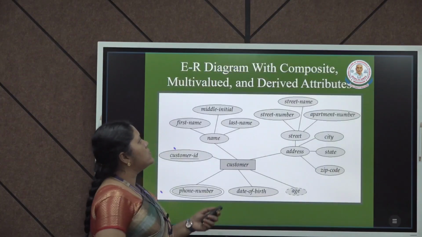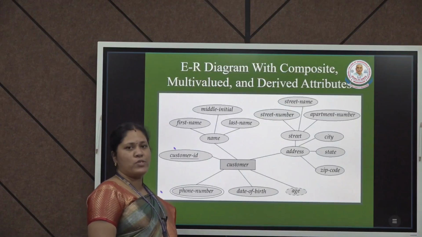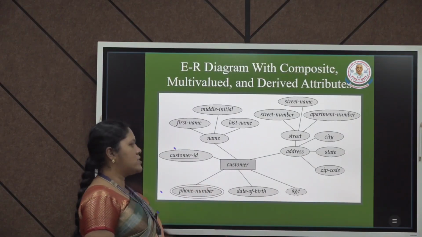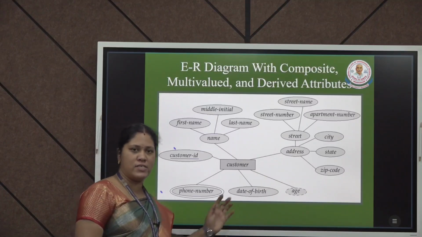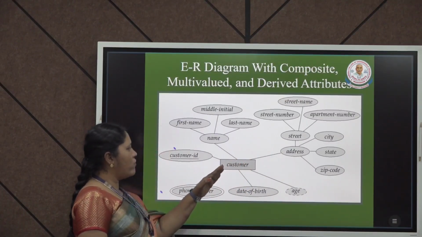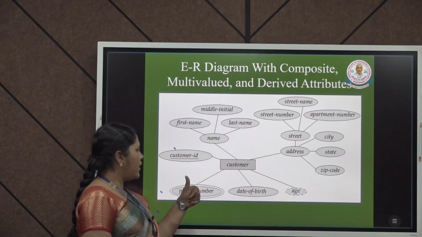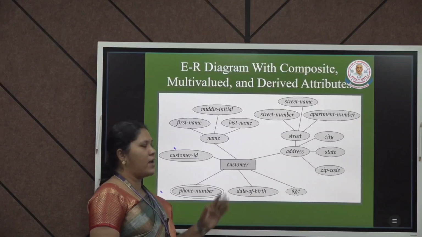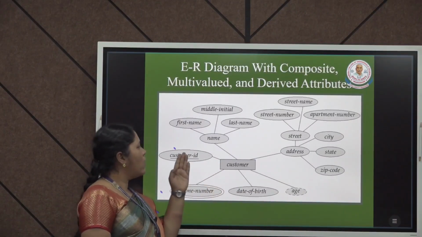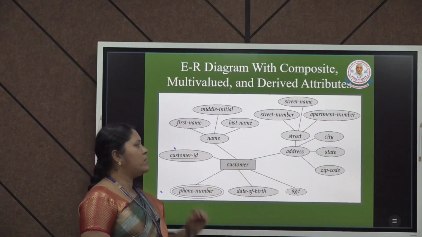Okay. So next, here is an example of an ER diagram with composite attributes. Here there is only one entity, the customer, in this ER diagram. The customer entity consists of attributes customer ID, name, address, loan number, date of birth and age.